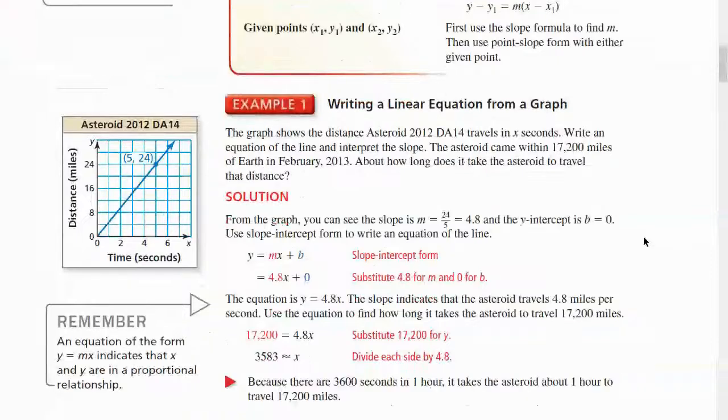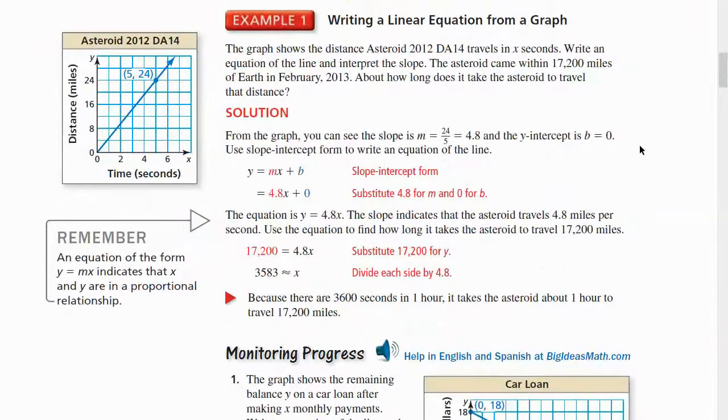All right, in example 1, it says the graph shows the distance the asteroid 2012 DA14 traveled in x seconds. Let's take a look at this real quick. On the y-axis, we have distance in miles, and on the x-axis, we have time in seconds. Here's a quick heads up. When you're doing slope, m, it's always the change in y over the change in x.